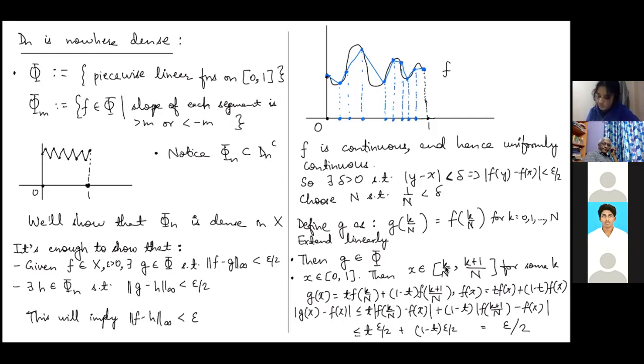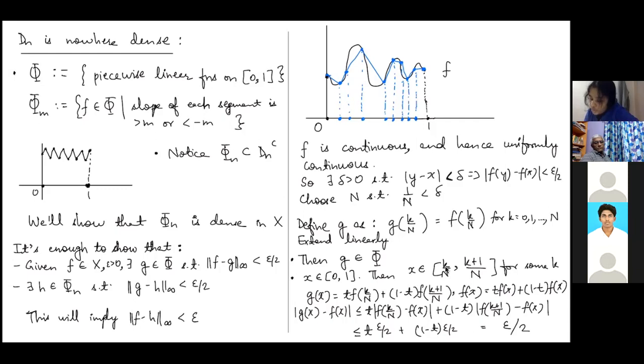We know that f is continuous on [0, 1], so it will be uniformly continuous. So we can pick a positive delta such that as soon as two points are at distance less than delta, the distance of f at those points will be less than epsilon by 2. And once we have this delta, we can pick a natural number capital N such that 1 by n is less than delta.